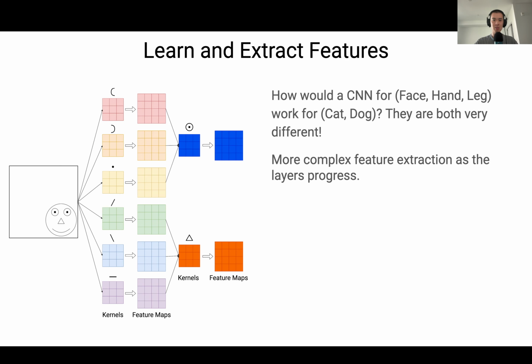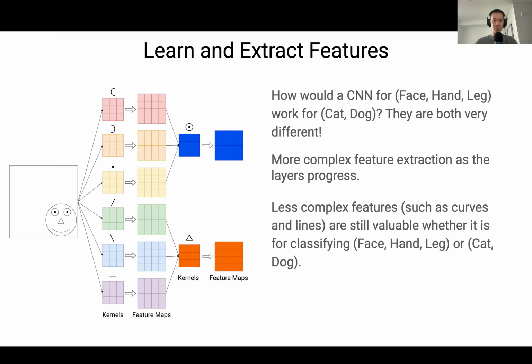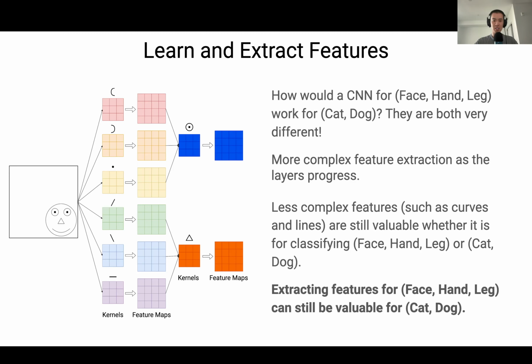The answer is, well, remember that in the CNN, there is more complex feature extraction as the layers progress. And less complex features, such as curves and lines, are still valuable whether it is for classifying face, hand, leg, or cat and dog, which essentially means extracting features for face, hand, and leg can still be valuable for cat and dog.